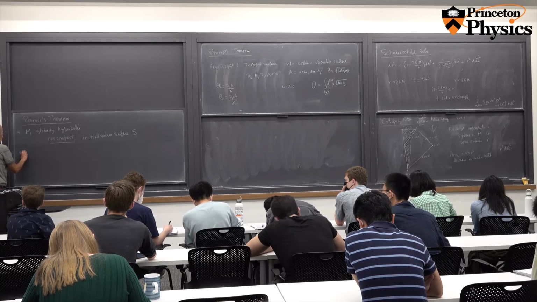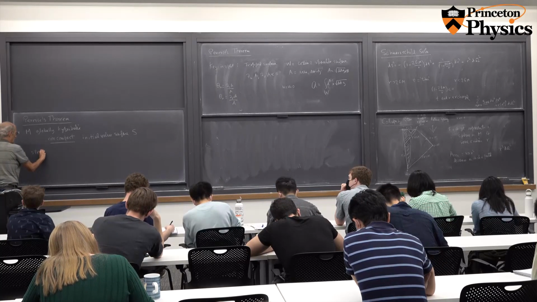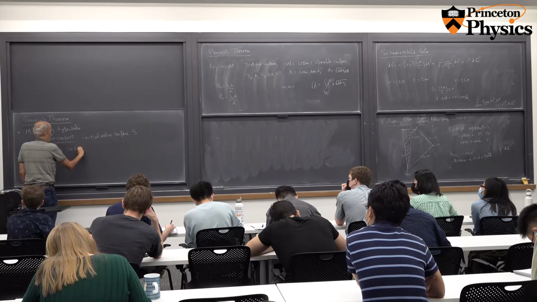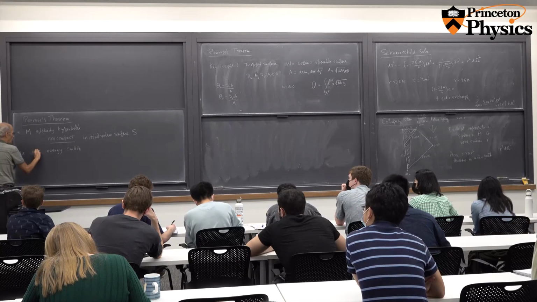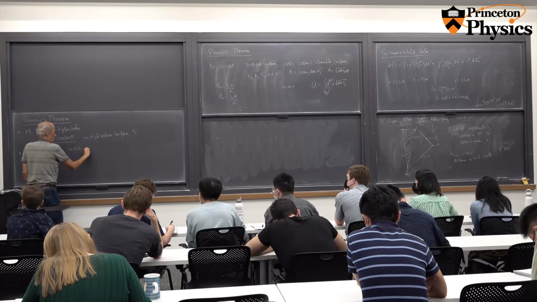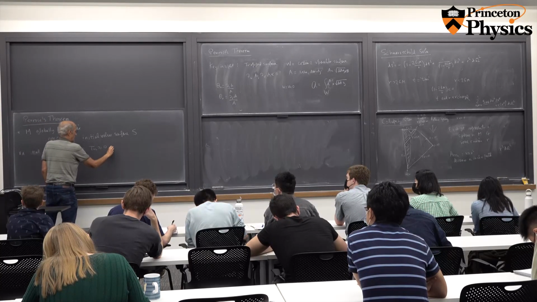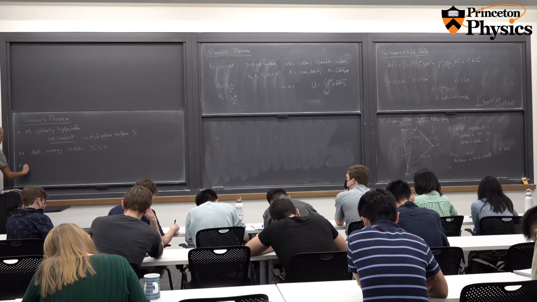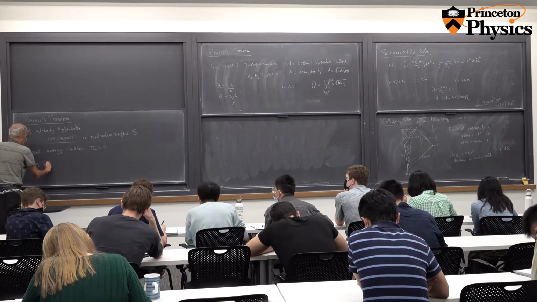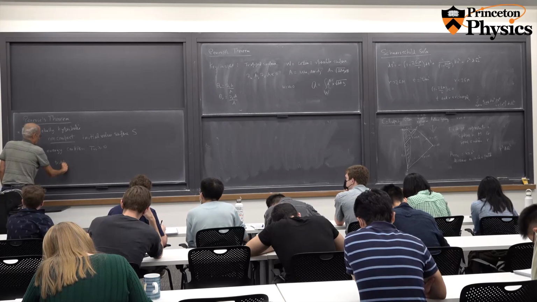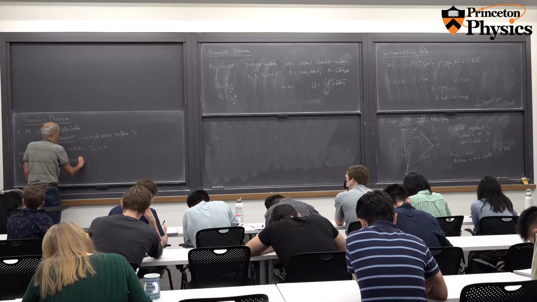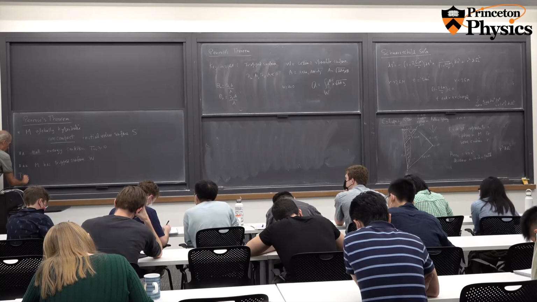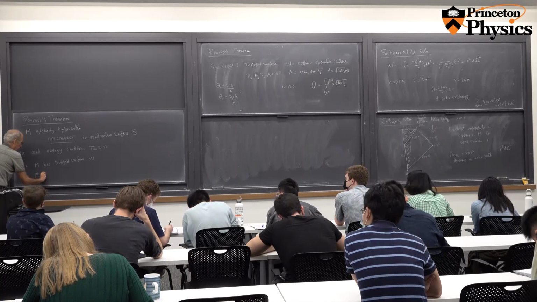Two is we assume the strong energy condition. Not the strong energy condition, sorry. The null energy condition. And the third property is that M has a trap surface.